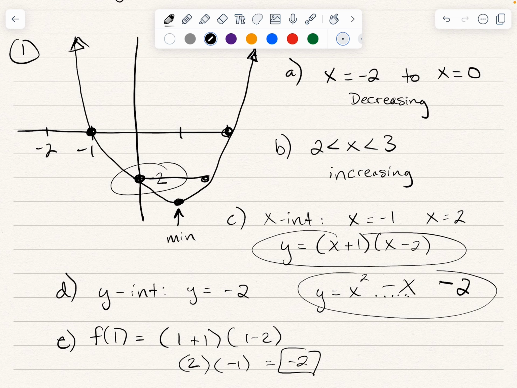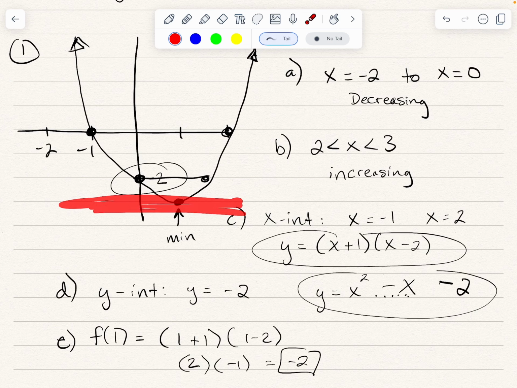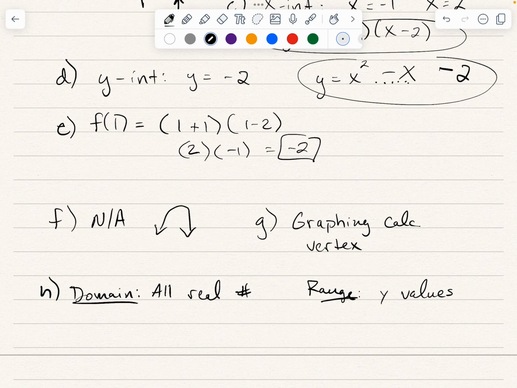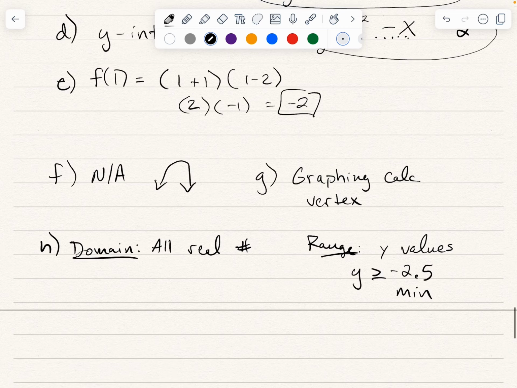So whatever the y value is here for the minimum, it's going to be below -2. Whatever this minimum may be, it's everything above that. So let's just say that minimum is at -2.5. So y is greater than or equal to -2.5. Wherever this minimum y value is, it's going to be above that.